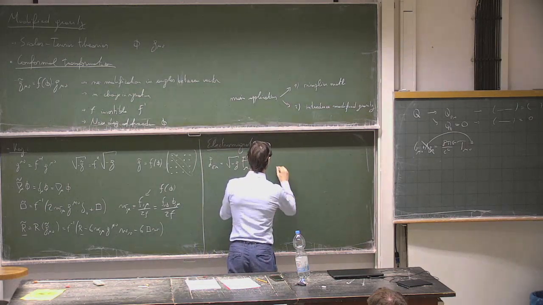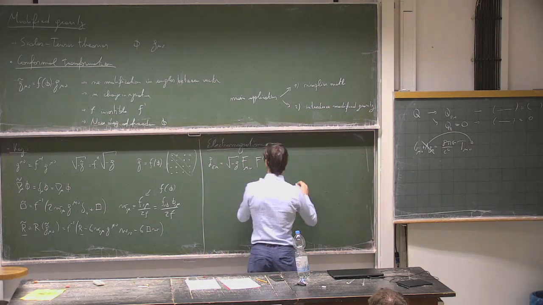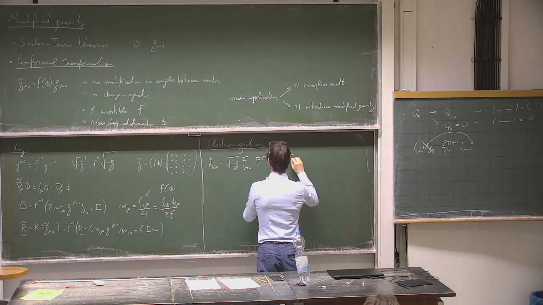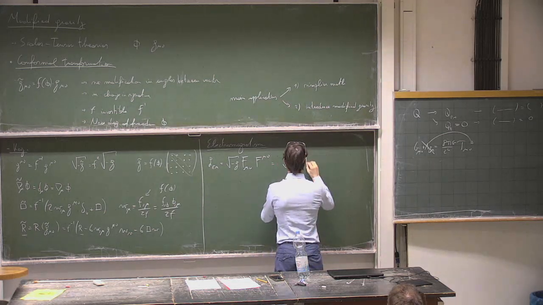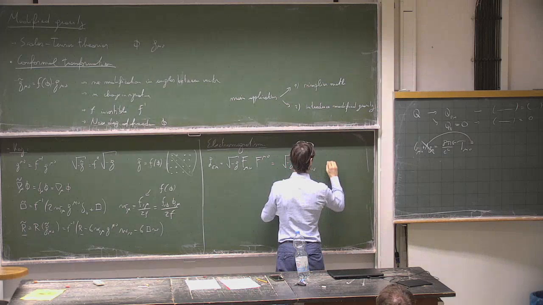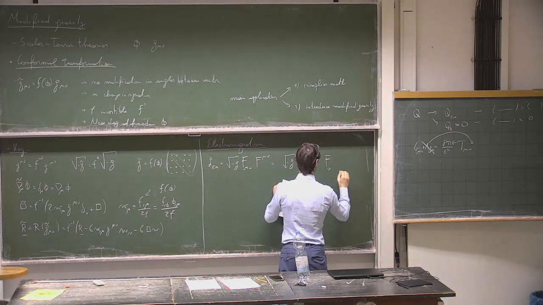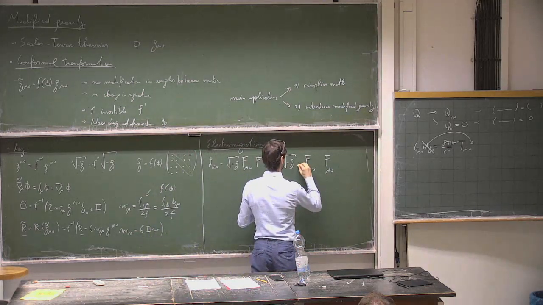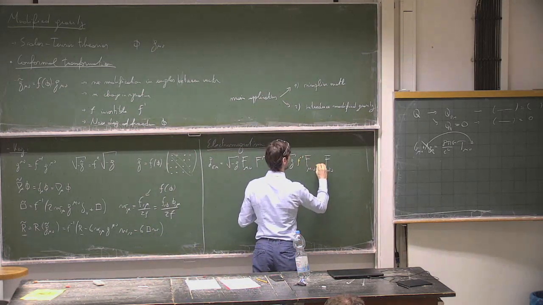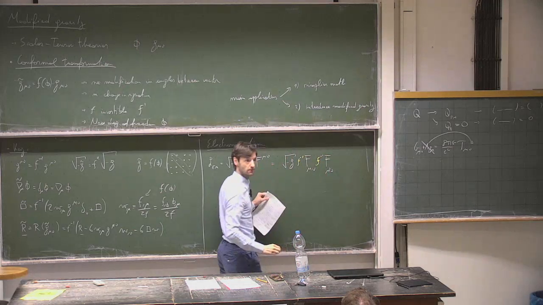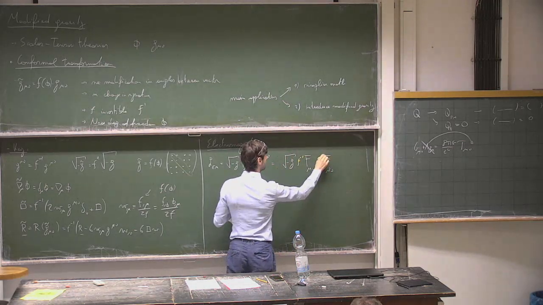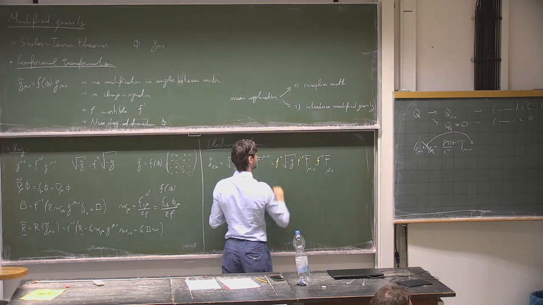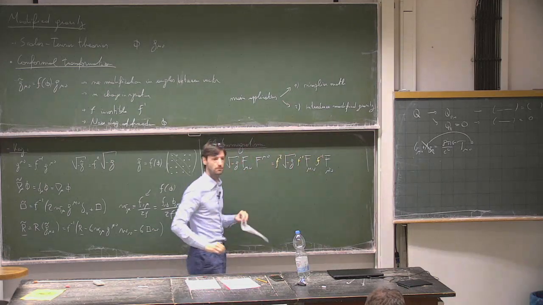Then what can we do? Let me rewrite it again, like this, with a little bit more space. We can multiply times the inverse, times twice the function.